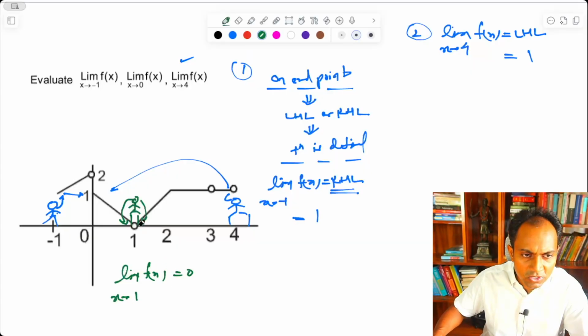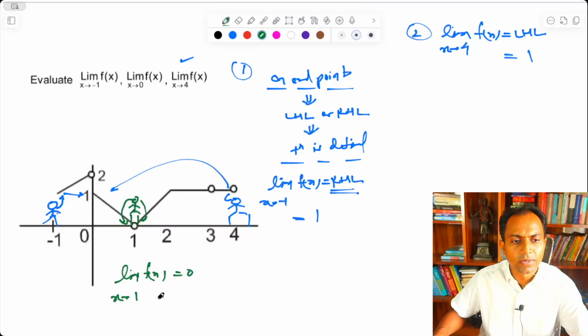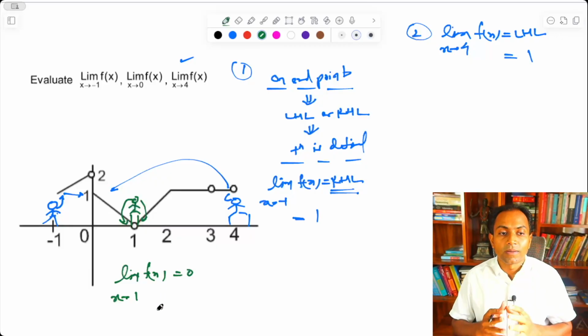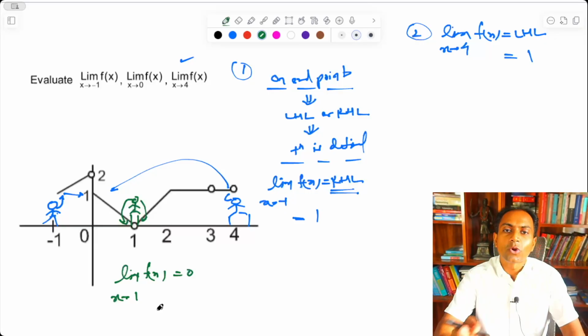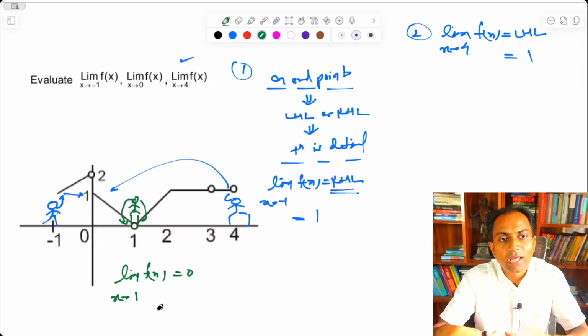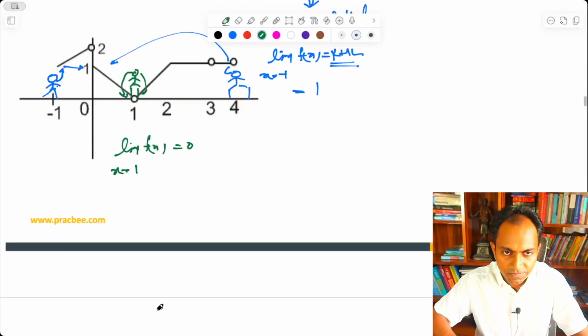You can see the function is not defined, still the limit is defined because when we are considering limits, we are not worried about what happens at that point. Remember the Antika example, she is not worried about what happens in her own house. She is particularly worried about what happens in the neighborhood. Now, this is a very powerful analogy. Keep this in mind. This will help you solve a lot of questions.